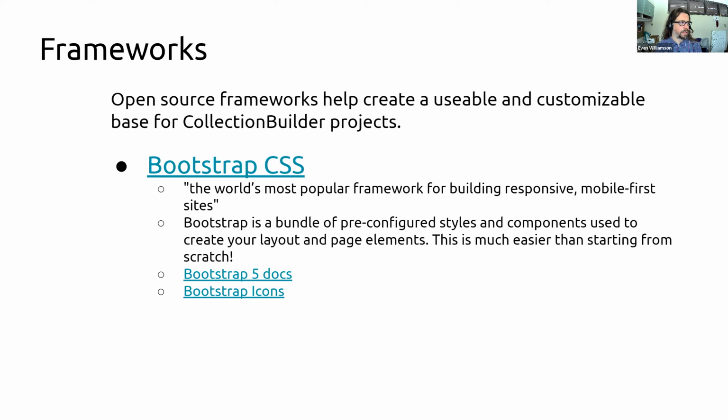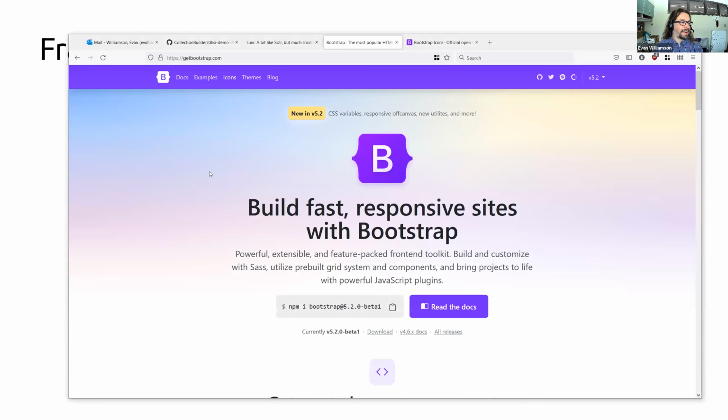And so the main one that we interact with here with CollectionBuilder is that the kind of base CSS of CollectionBuilder is using Bootstrap CSS, and that's the world's most popular framework for building responsive, mobile-first websites. And so what it is, is a whole bunch of pre-configured styles using CSS and a bunch of components that they provide to you so that it'll make it a lot easier to get started building websites.